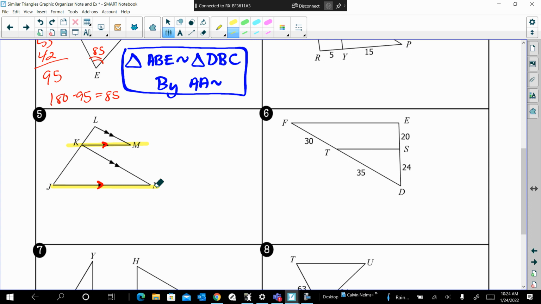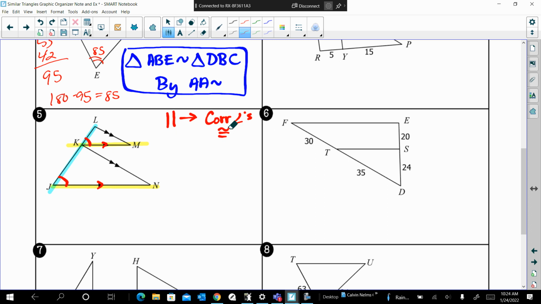Which line is the transversal? LJ. So that's a different color. To help you see the angles, it's where the two colors meet. So I would put a mark at angle J and above right here at K.